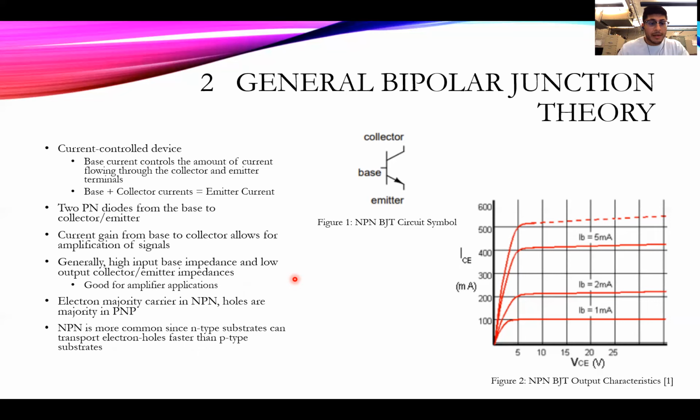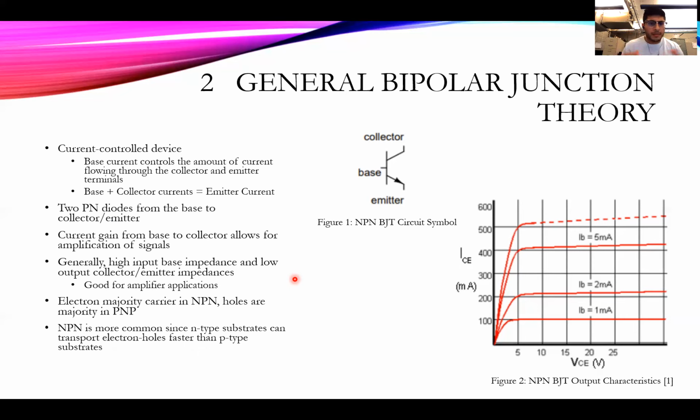Another thing to mention is that the majority carrier in an NPN is electrons, while the majority carrier for current in a PNP is holes. That's one thing that BJTs and HBTs differ from MOSFETs: usually you have an N-type or a P-type MOSFET, and with a BJT, it's actually a combination of P-type and N-type.